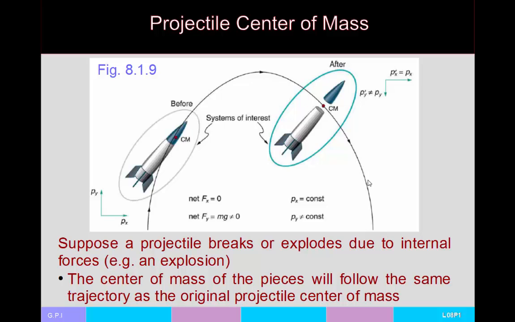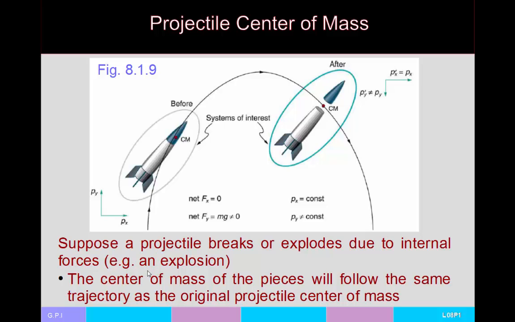This is meant to be basically a parabolic arc, although sort of at the edges you can see how it is not. The center of mass is this little red dot, follows this trajectory, and if the rocket were to remain whole, then the whole rocket would basically follow this trajectory.